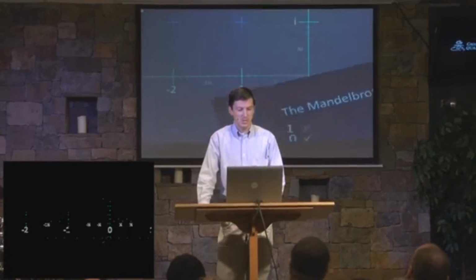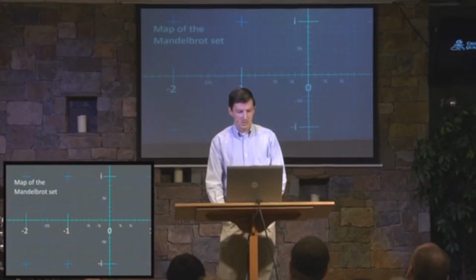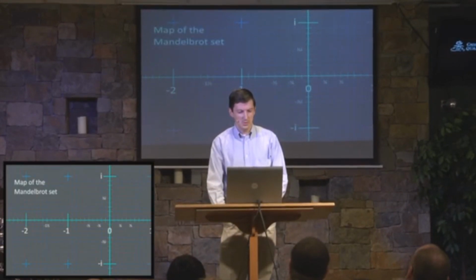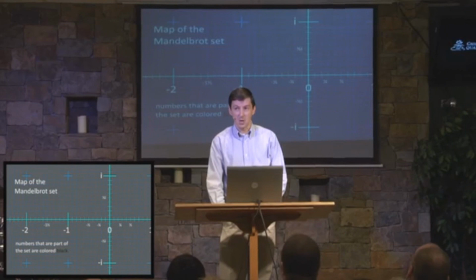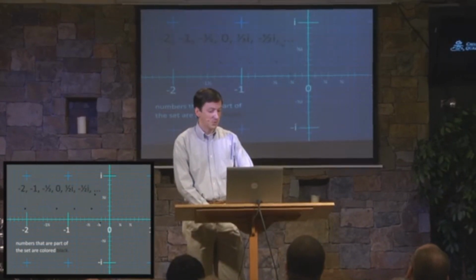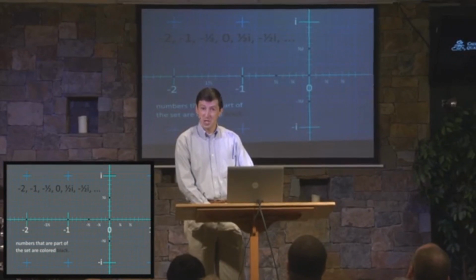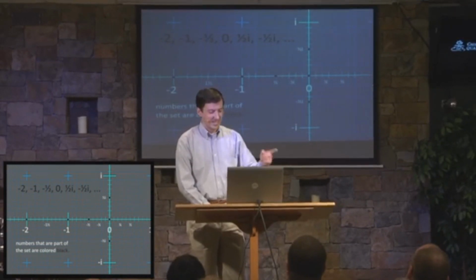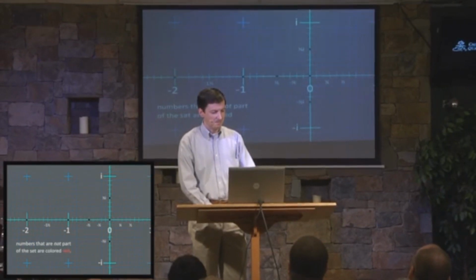And so all the numbers we checked, we'll color those black if they are part of the Mandelbrot set. So all the ones that are members, we'll plot those there. Those are the ones we checked, or could have checked, and they're black. And ones that are not part of the Mandelbrot set, we'll color those red.